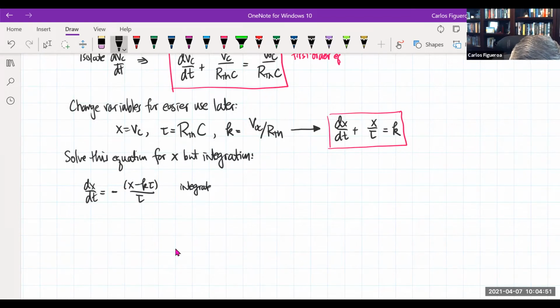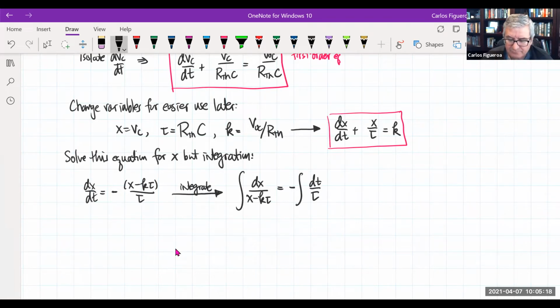So from here, what we want to do here is that we want to integrate this. So if I integrate this thing, look what I got to do. I got to isolate the x terms, and I got to isolate the time terms. So if I do this, I can write this like this here. And then my time term is on the other side, which will be dt over tau.